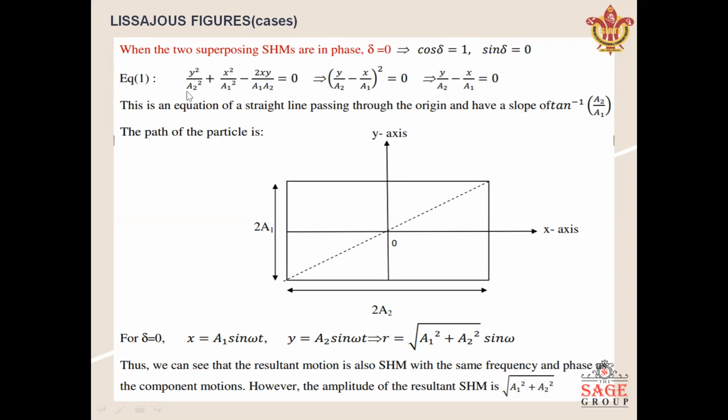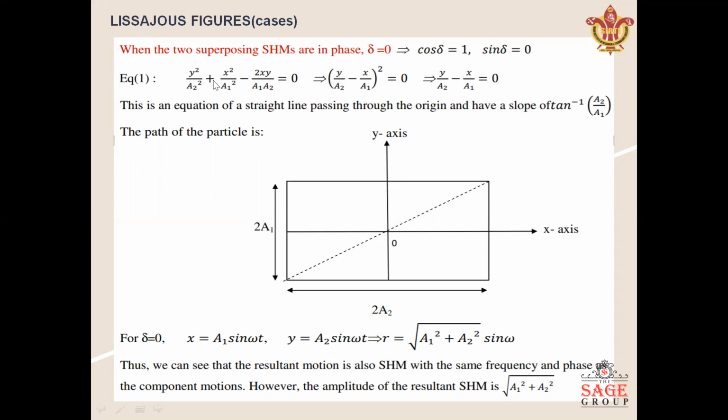Here the equation is y square upon a2 square plus x square upon a1 square minus 2xy upon a1 a2 is equal to 0. This is like a square plus b square minus twice ab, which is the whole square of a minus b.